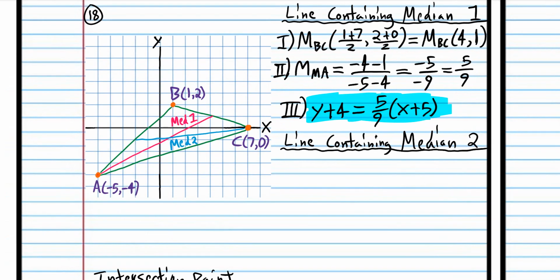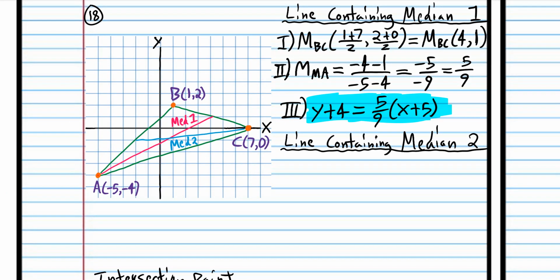Now we're going to find the equation of the line containing median 2. So we're just going to do the same thing. Step 1, we're going to find the midpoint between A, B, because that's the segment it bisects.